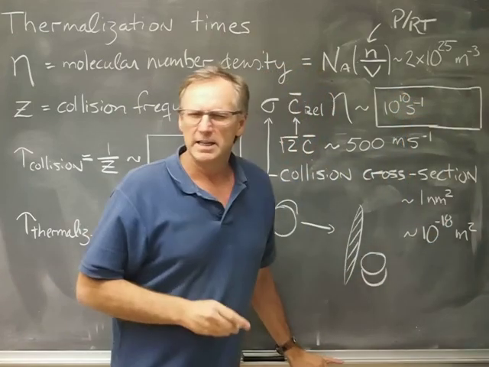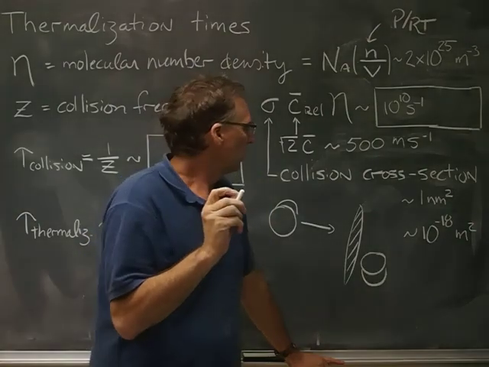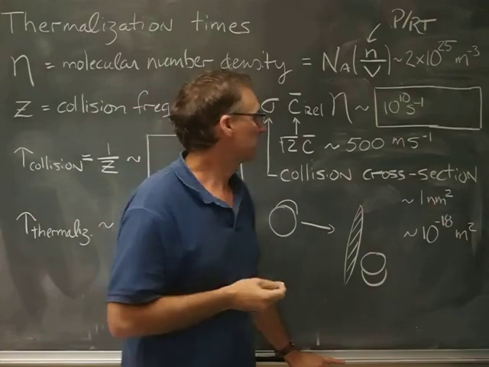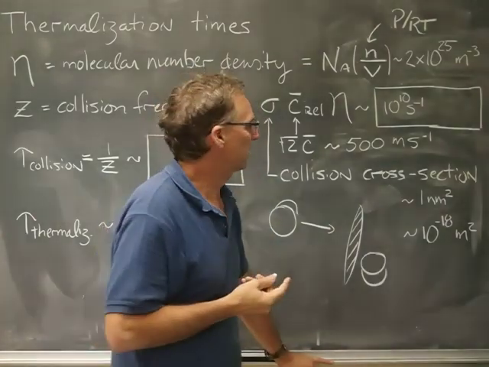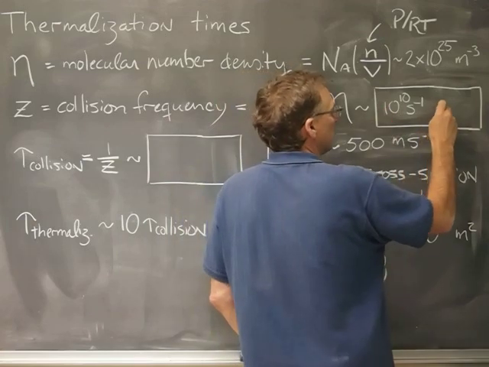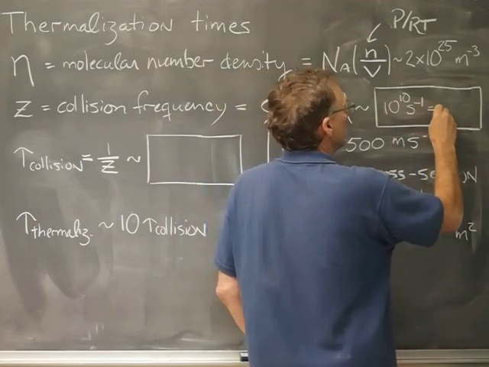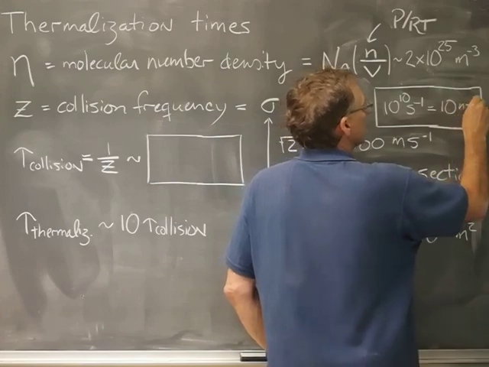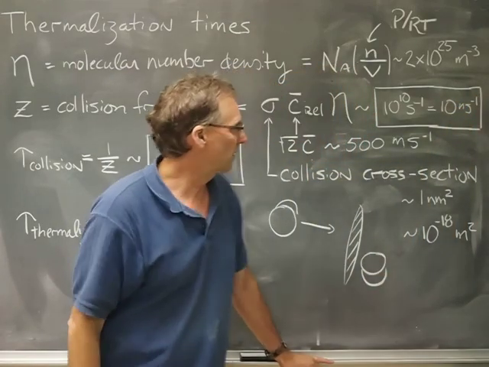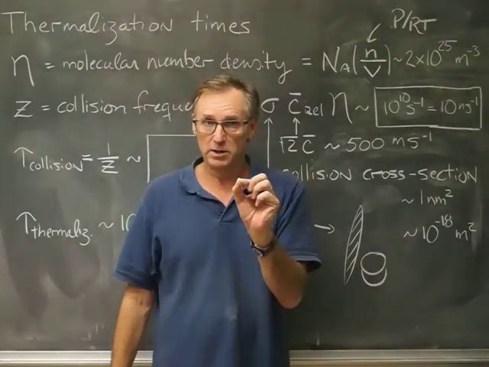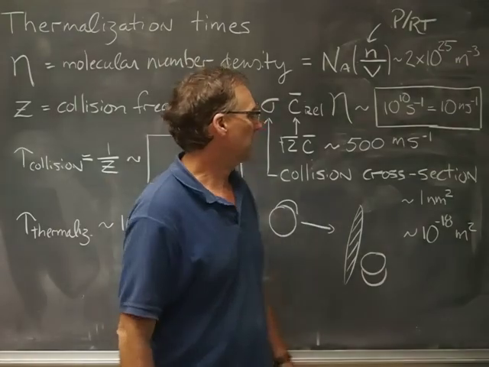What does that mean? That means a molecule in this room will experience 10 to the 10th collisions every second. It's going to be convenient to think in nanoseconds, so I'm going to multiply this by 10 to the minus 9, so that would be about 10 collisions for every nanosecond. That's a good number to know. Your molecule in this room experiences 10 collisions every nanosecond.